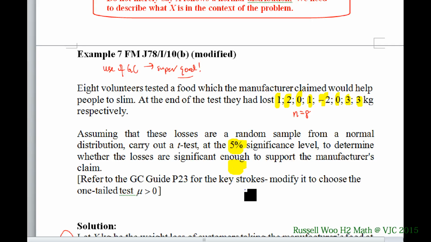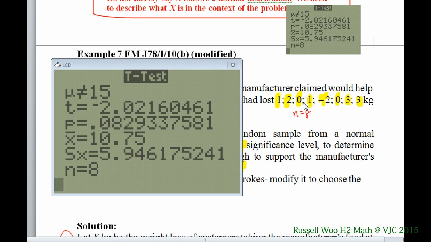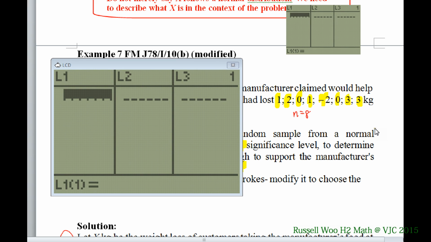One more time. If you want to use your GC, you would normally calculate the unbiased estimate from here, but the GC can help you do it. How? Stat edit. You are going to enter all the data as a list.